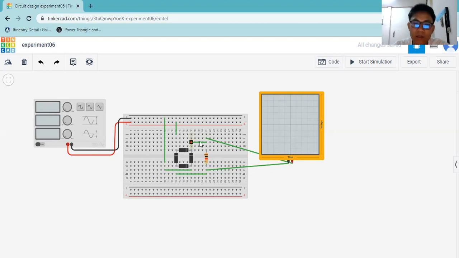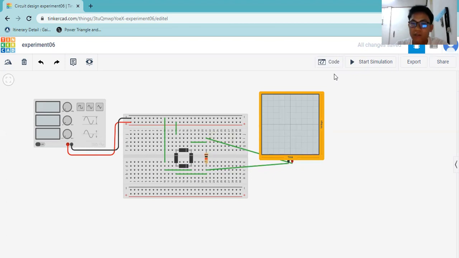So we connect this resistor in between D1 and D2, and then we connect another end to D3 and D4. And we now want to see the result that is going to show us in this oscilloscope. So we measure from this resistor.